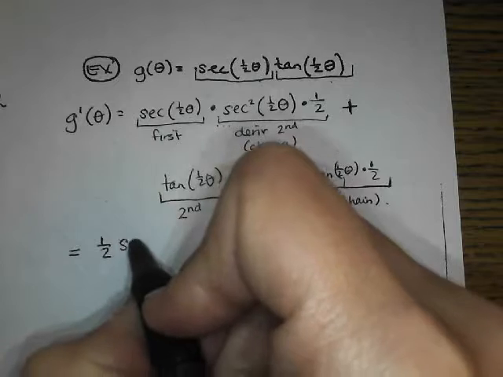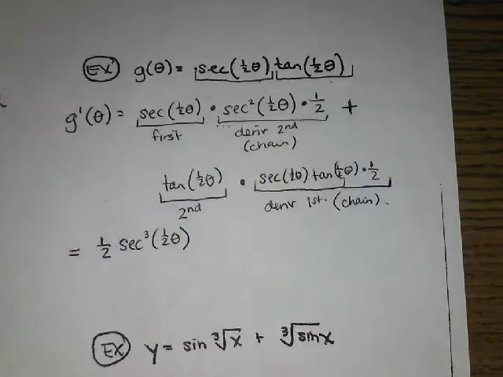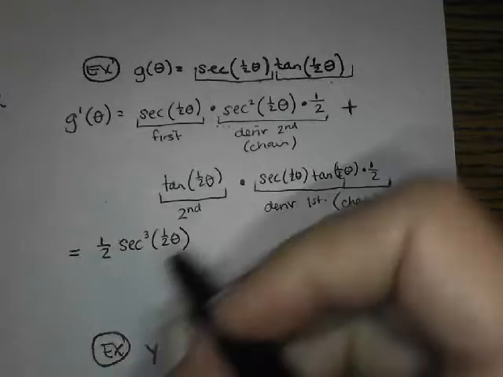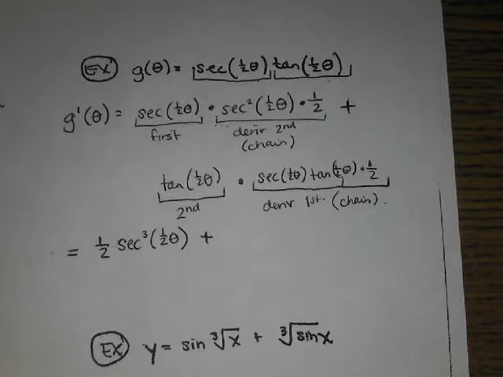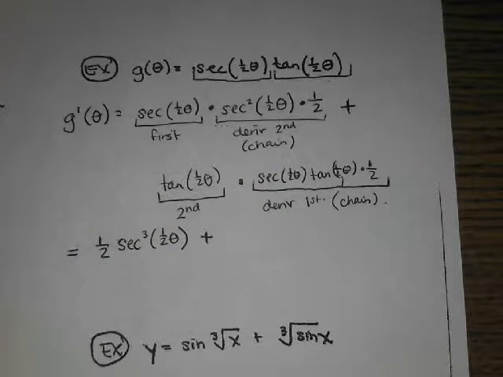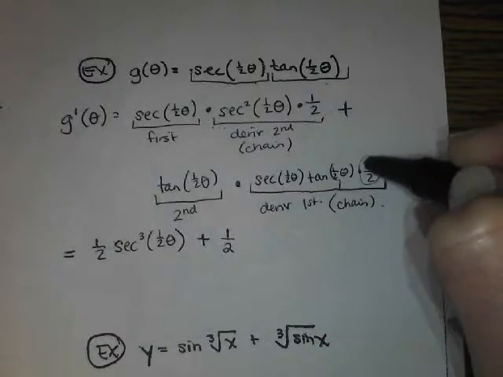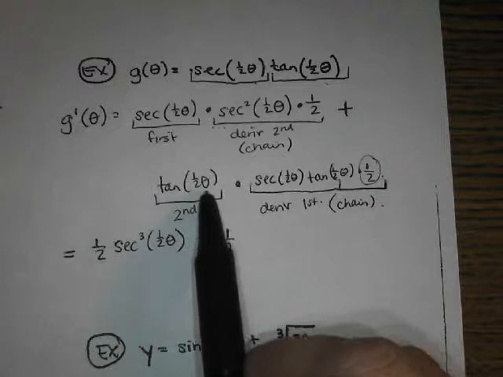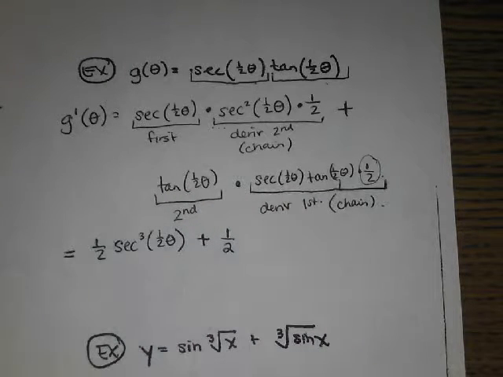Secant cubed of a half theta. And on our second term, what's our coefficient? 1/2. That's right here. And then we've got a tan of a half theta times a secant of a half theta times a tan of a half theta.